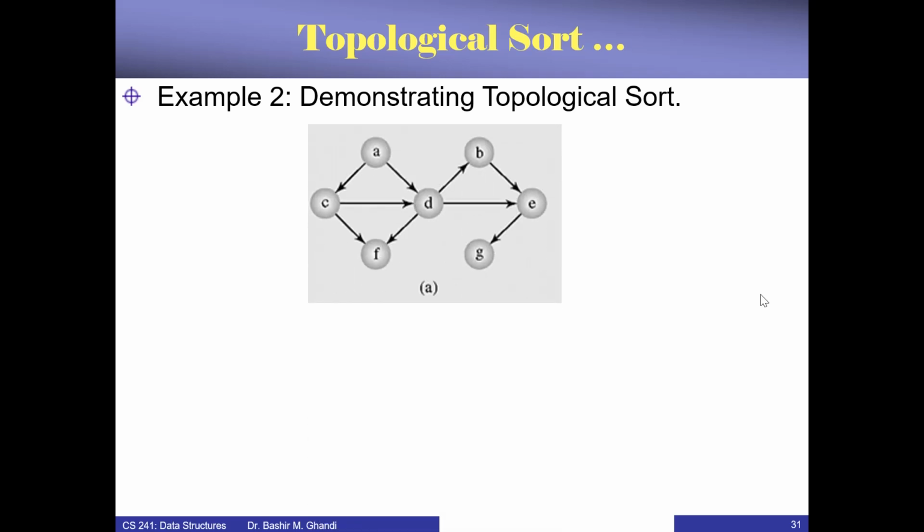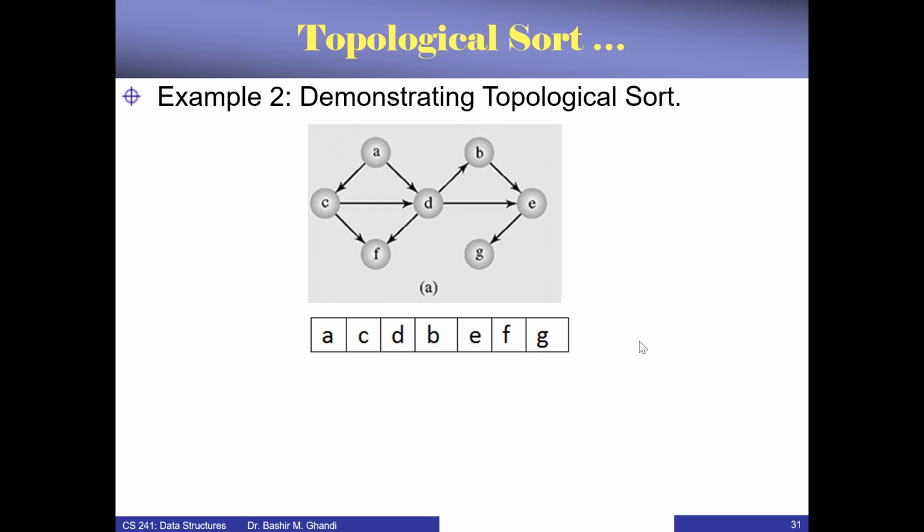Alright, so this is about topological sort. There's one more example from the book. I will leave you to do it as an exercise, but this is the answer you should get. Just try to solve it as we did. First compute the in degrees and then be visiting the vertices one by one alphabetically, those that have degree 0, and once you visit a vertex you delete it and also delete all the edges emanating from it.